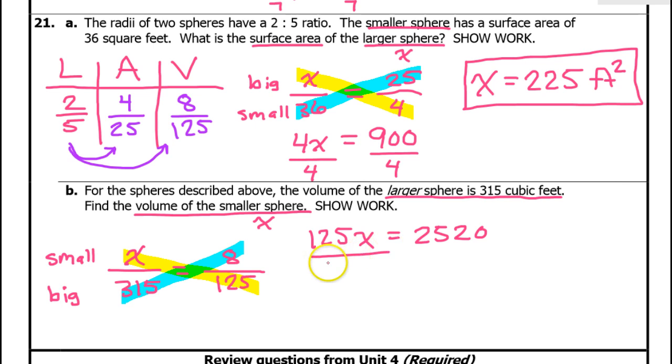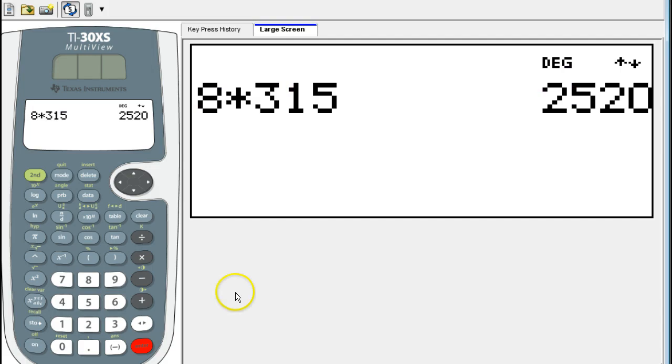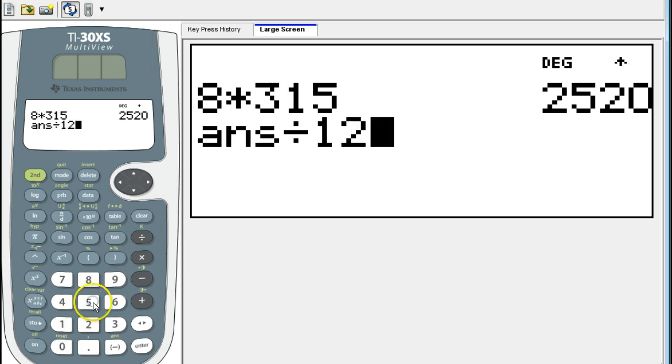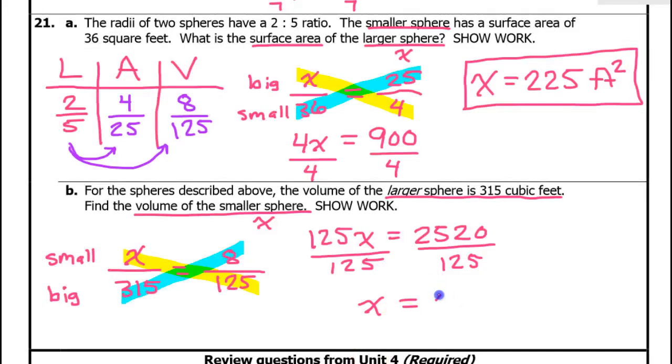And then we will divide both sides by 125. All right, so that is 20.16. And this is volume, so our units will be, well, they say cubic feet, and I will record that as feet cubed.